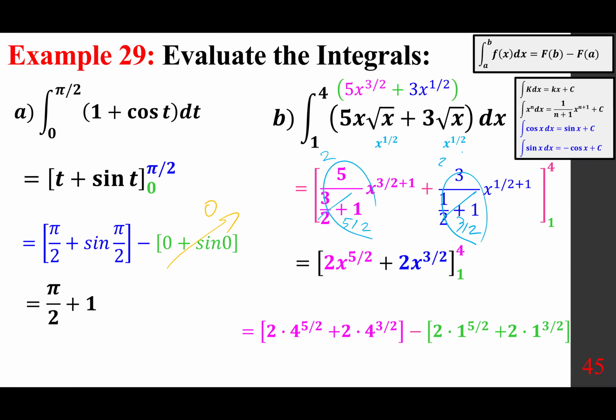What happens when we plug in 4? 4 to the power of 5/2 means the square root of 4 to the power of 5, which means 2 to the power of 5, which is 32. 2 times that is 64. 4 to the power of 3/2 means the square root of 4, which is 2, cubed is 8, times 2 is 16, and this one is 1, this one is 1.